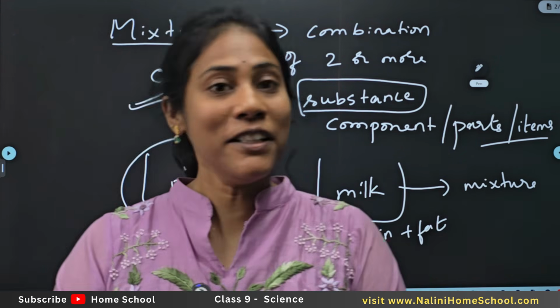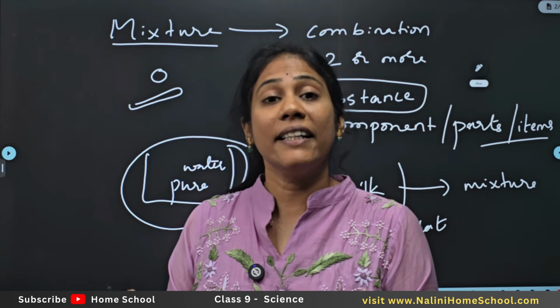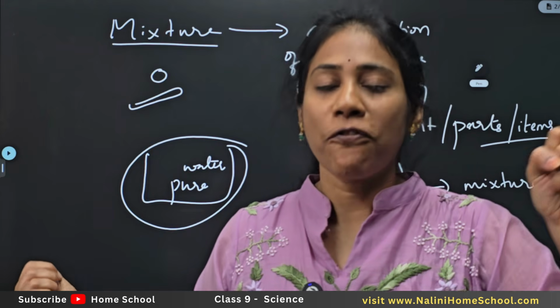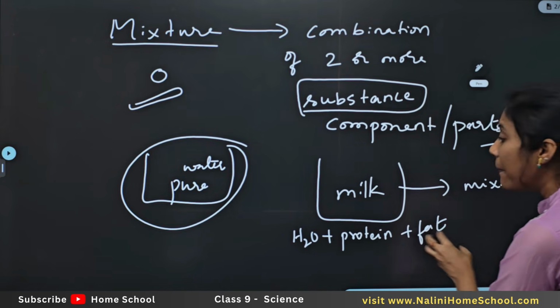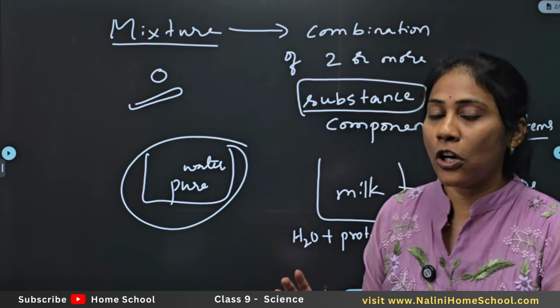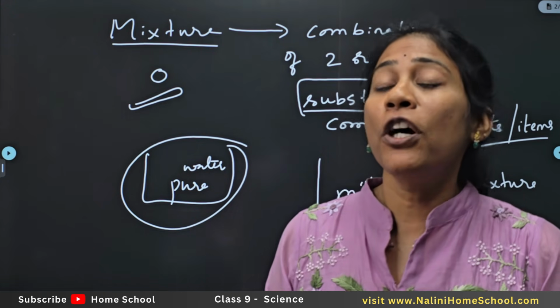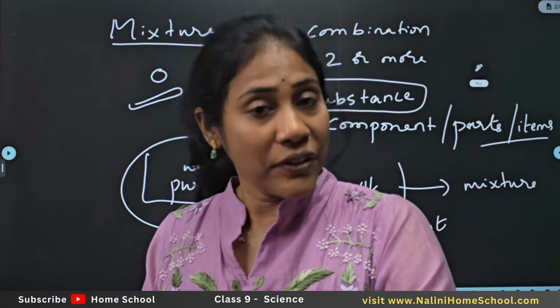So I hope you understood. Now the entire chapter is all about studying different kinds of mixtures and how to separate one component from another. A mixture is a combination of two or three pure components, I said. If you want to separate one from another, we use different techniques.